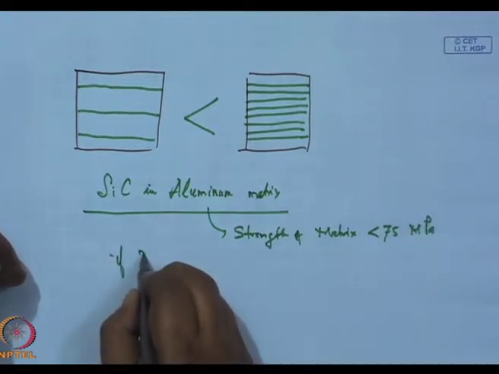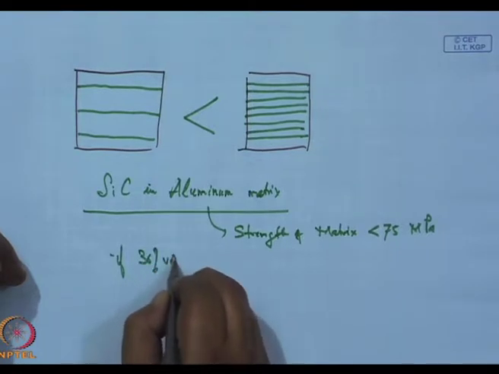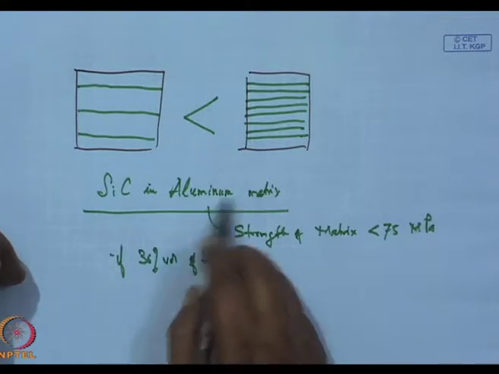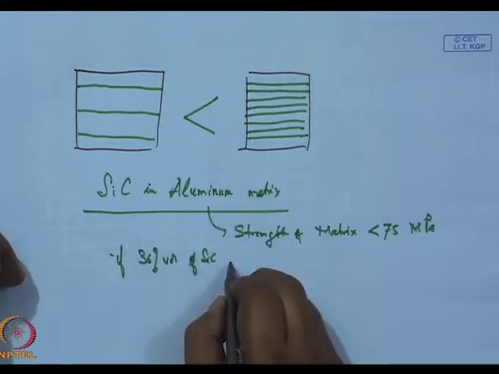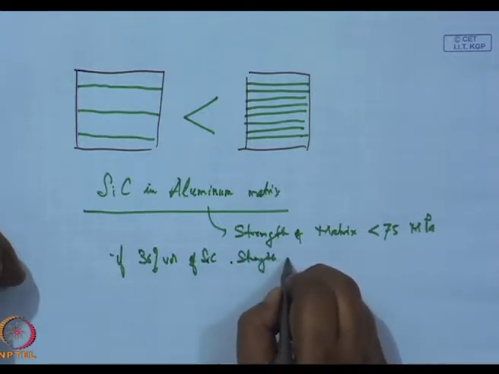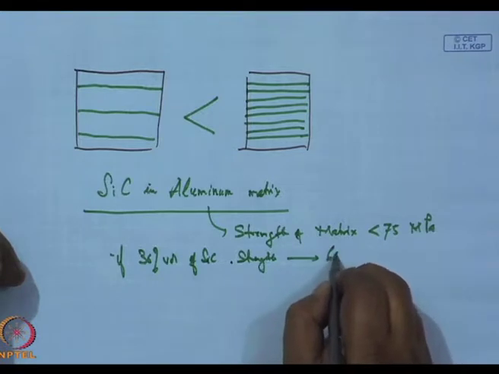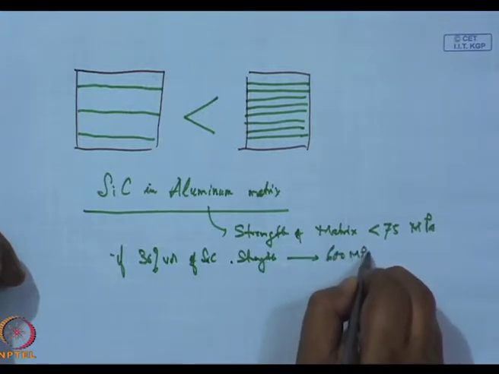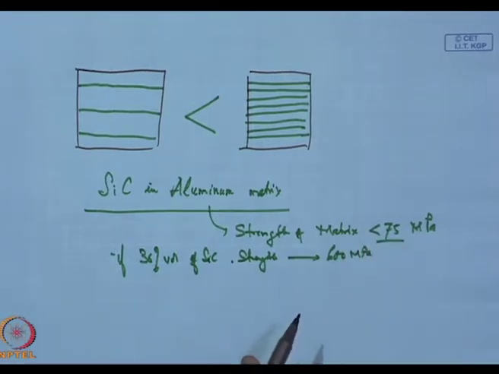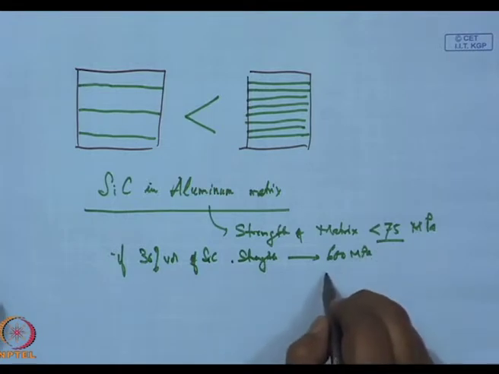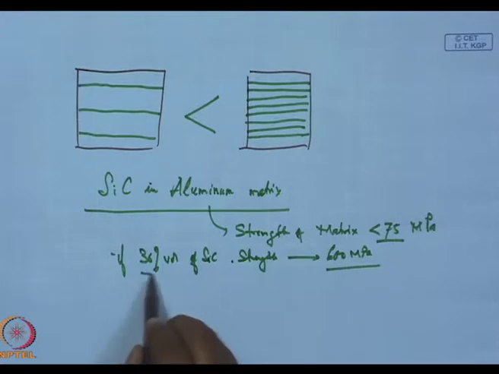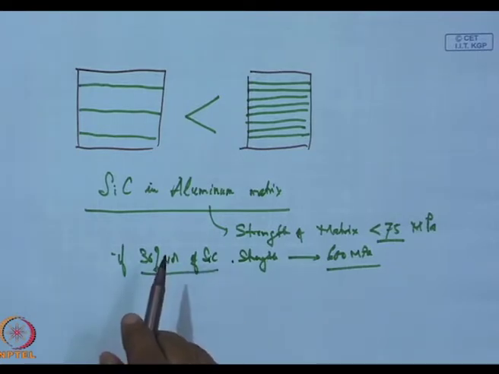If 30 volume percent of SiC is added to the aluminum matrix, the strength would shoot to around 600 MPa. That is, from 75 MPa strength of the aluminum matrix, we increase the strength to as much as 600 MPa just by adding 30 volume percent of silicon carbide fibers.